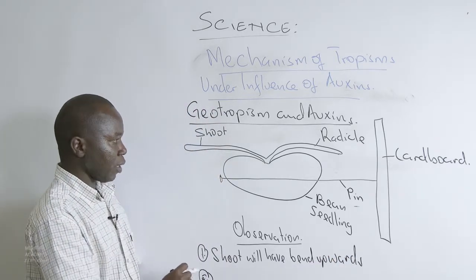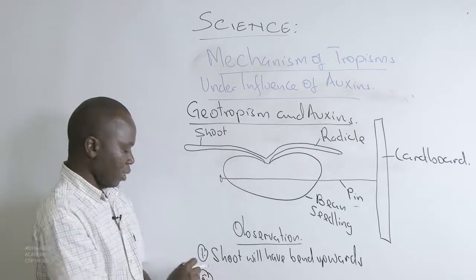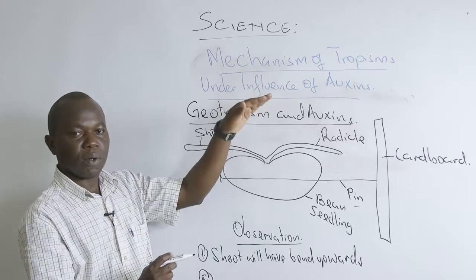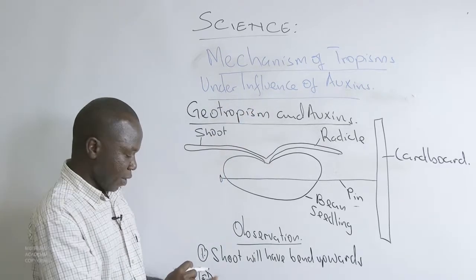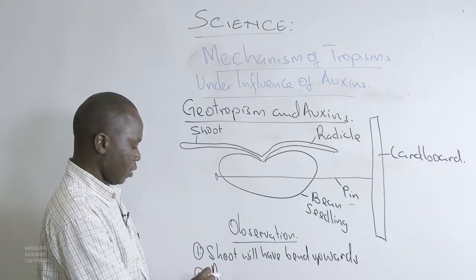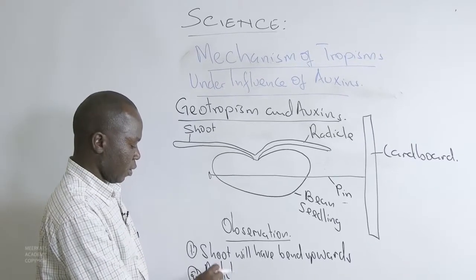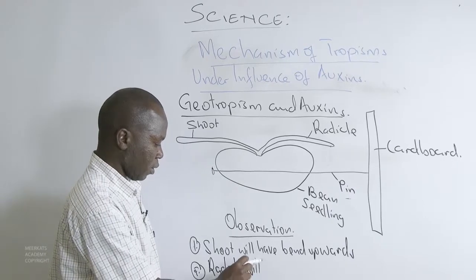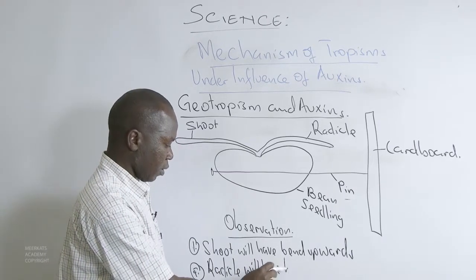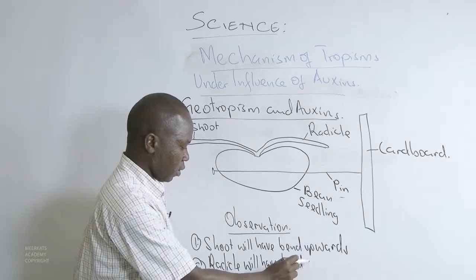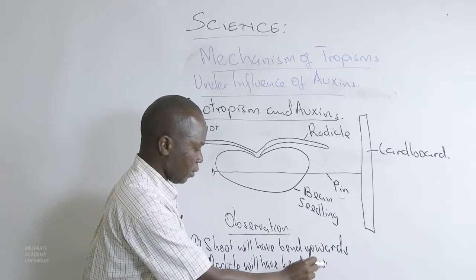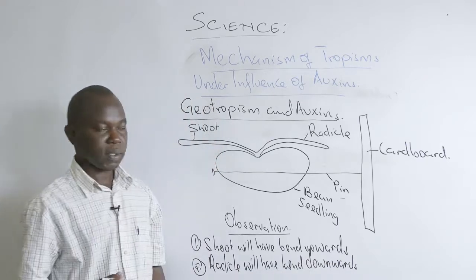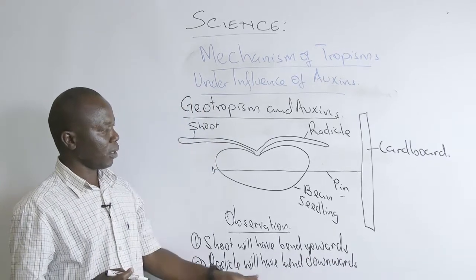And two, the root, that is, the radicle, grows downwards. The radicle grows downwards or bends downwards.